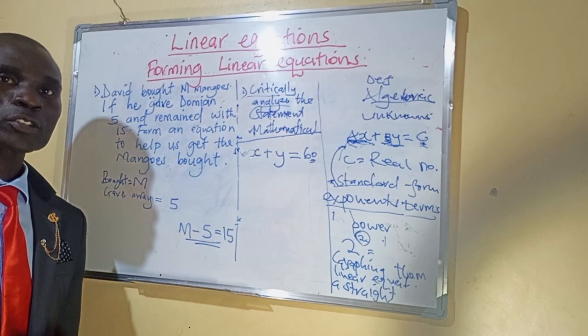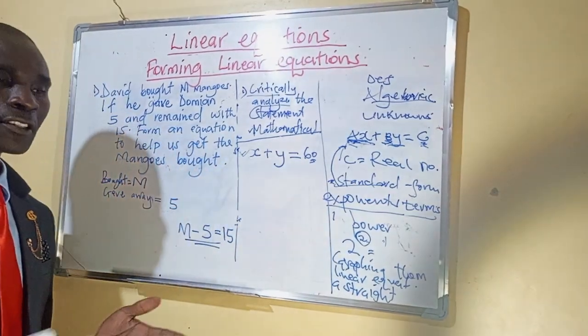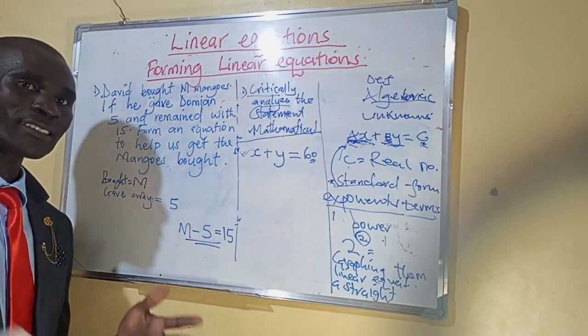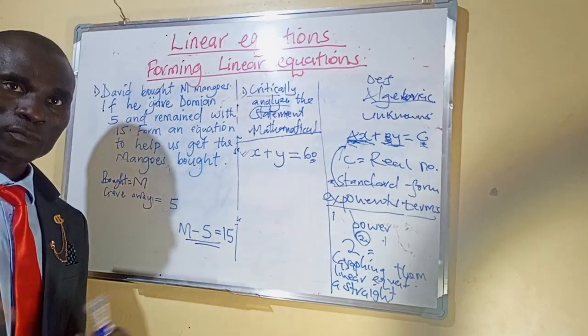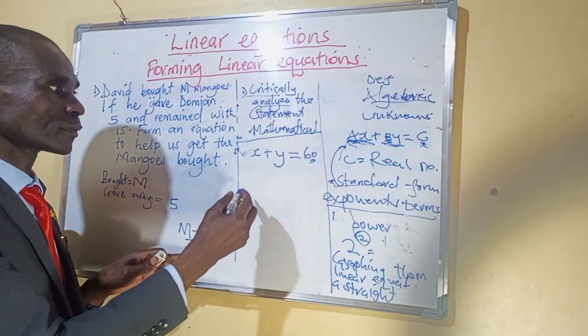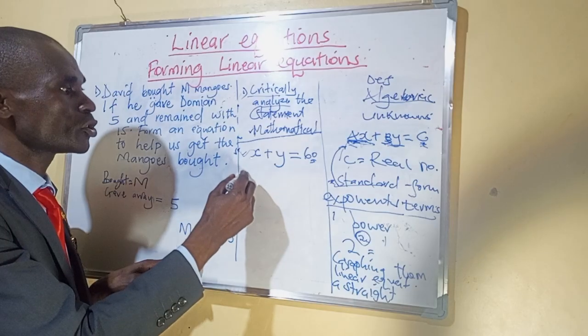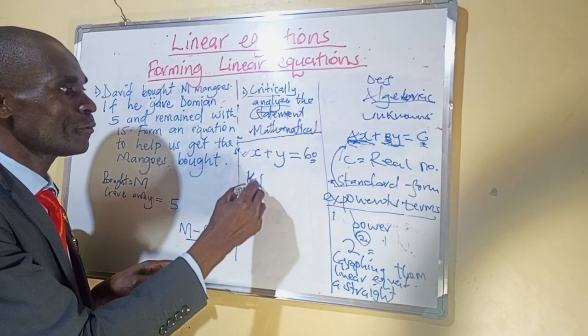I want you to practice this on your own. Just write somewhere, and then try to solve it out. This one here. Say Kevin has K fruits.